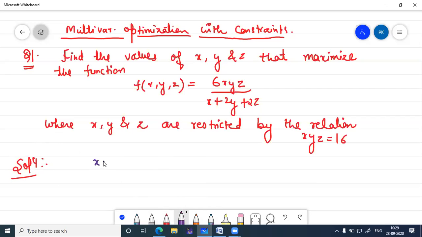Here we have xyz is equal to 16. So the value of x is 16 by yz.